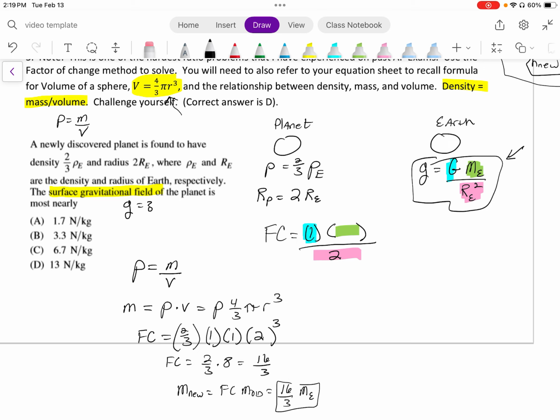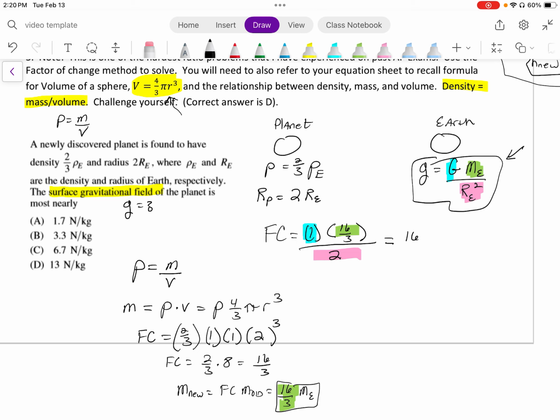Now I know the factor by which the mass changes, and I can go and plug in the 16/3 up here. So the factor of change on g is 16/3 divided by 2, which is the same as 16/3 times a half.